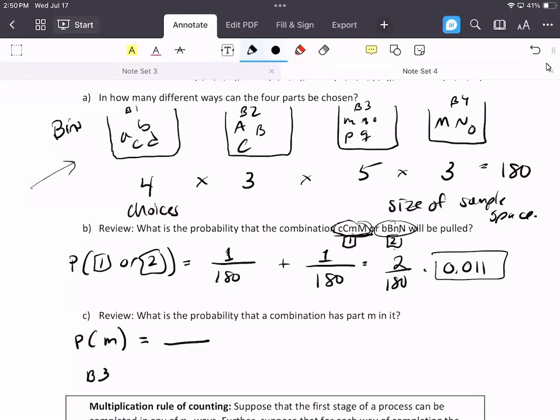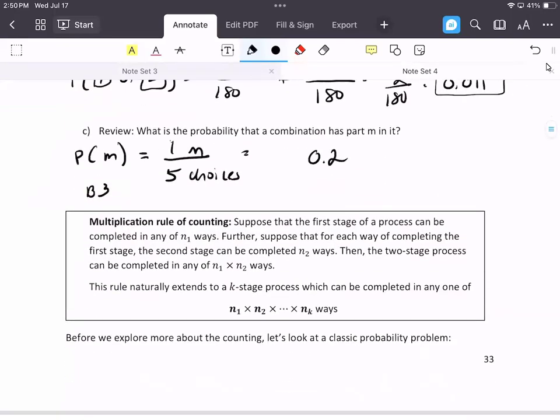How many options are there in bin 3? There are 5 choices there, but there's only one m. So we just need to look at the bin that had the little m in it.